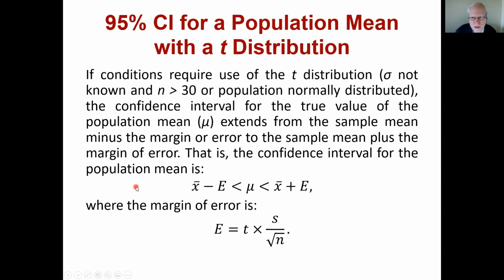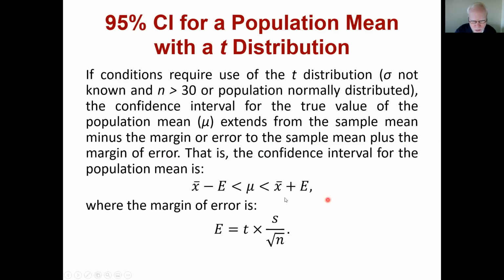If conditions require the use of the t-distribution, so the population standard deviation is not known, and n is greater than 30, or the population is normally distributed, the confidence interval for the true value of the population mean extends from the sample mean minus the margin of error to the sample mean plus the margin of error.